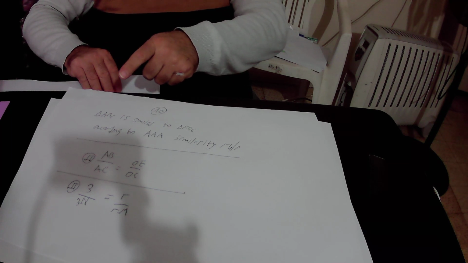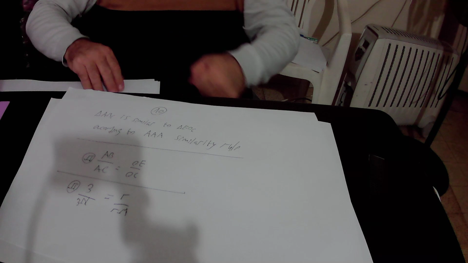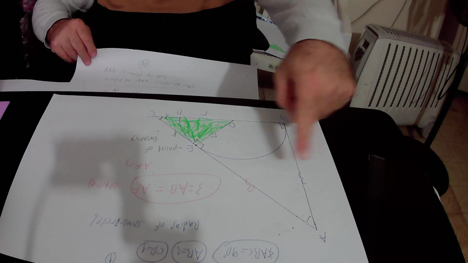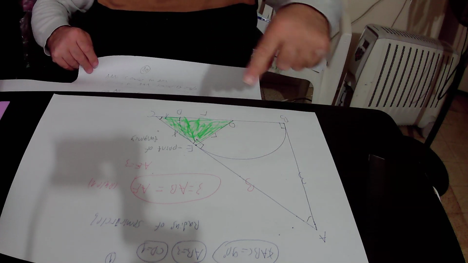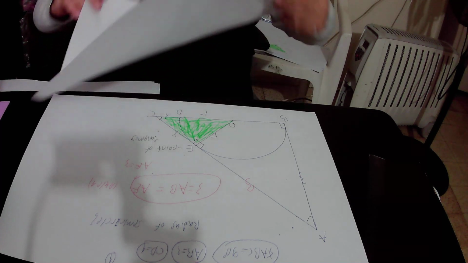From the fact that triangle ABC is similar to triangle OEC, we concluded that AB over AC equals OE over OC. AB over AC in triangle ABC equals OE over OC in triangle OEC.